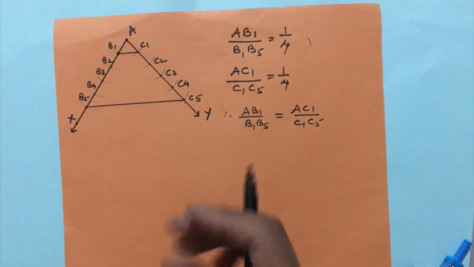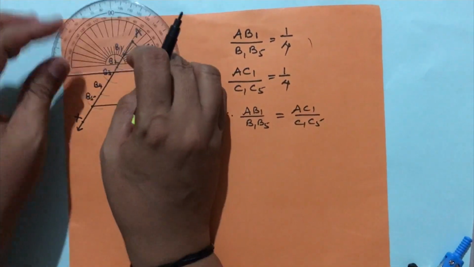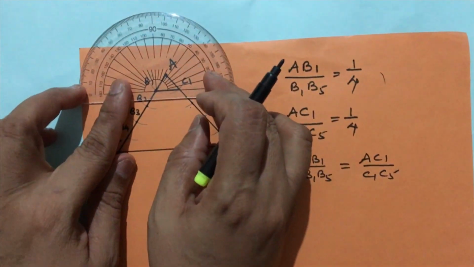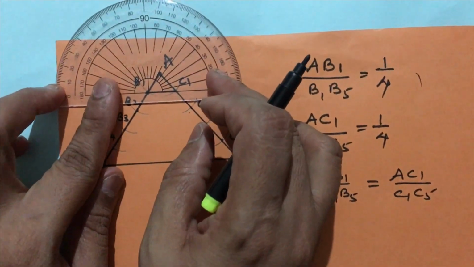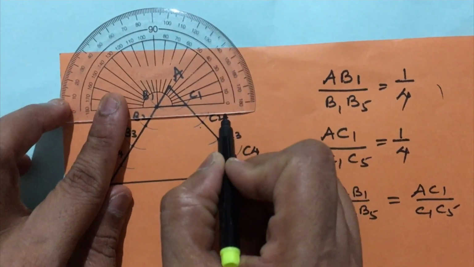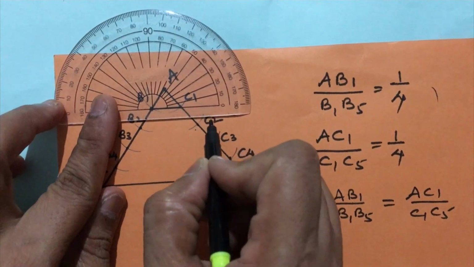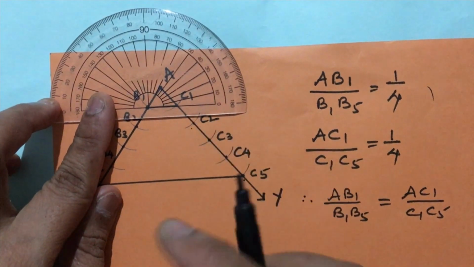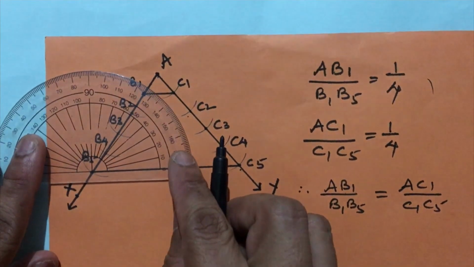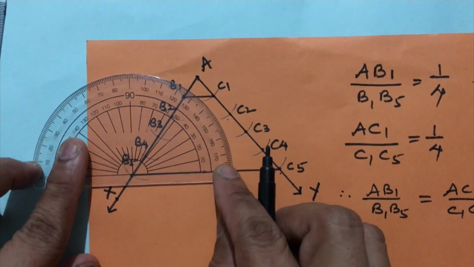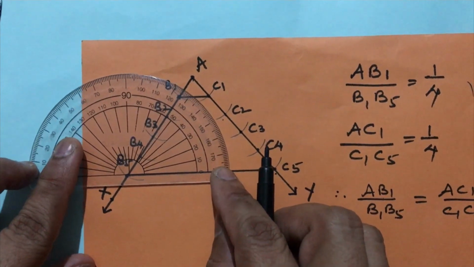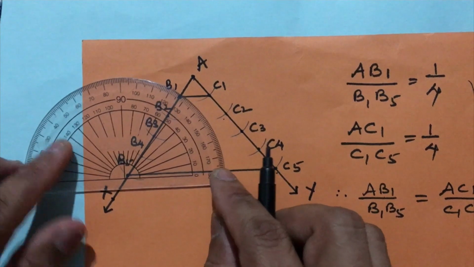And even you can see when we measure these angles here, we are getting the same. Here I got 60 degrees. Okay. C1, B1, A is 60 degrees. Same here also I got the same thing.